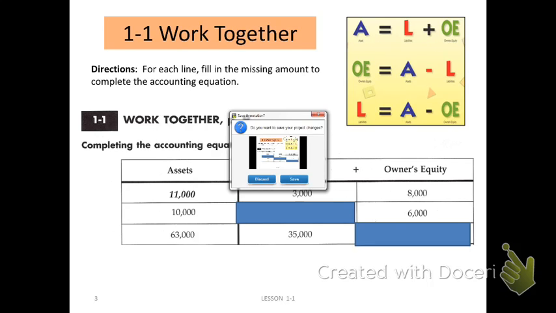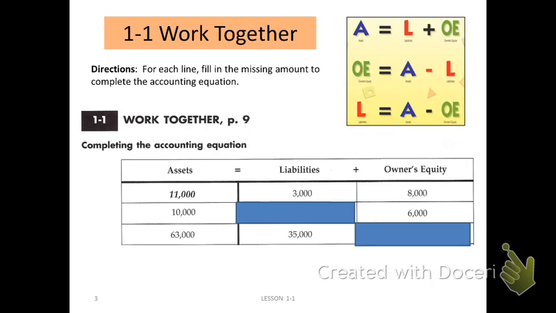And there we go. We continue further on, and we can see that the next transaction down, they do give us the assets. However, the liabilities are missing this time. But they do give us the owner's equity. So again, looking at the upper corner of the screen, since we're looking for liabilities, we're going to use this equation right here.